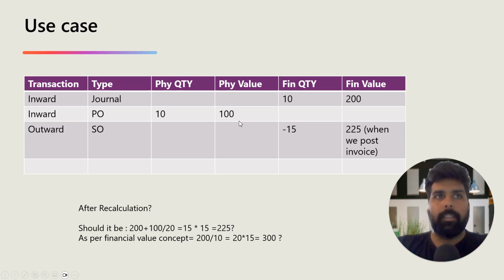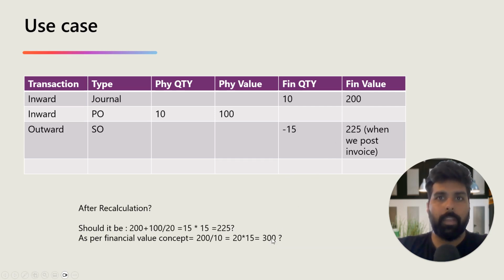It does not consider the physical quantity and the physical value, which means if I run an inventory recalculation, my weighted average cost to issue this 15 quantity will be based on 200, because 200 is my financially received value, and 10 is my financially received quantity, which is 20 each, and then 15.